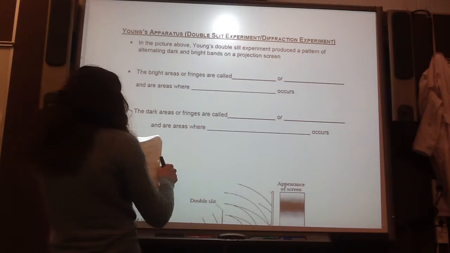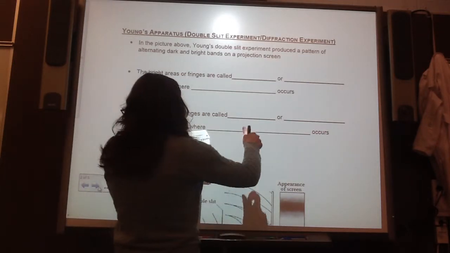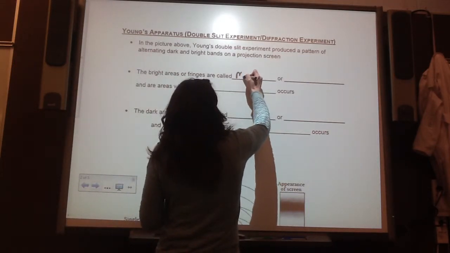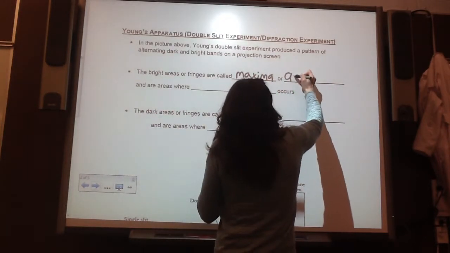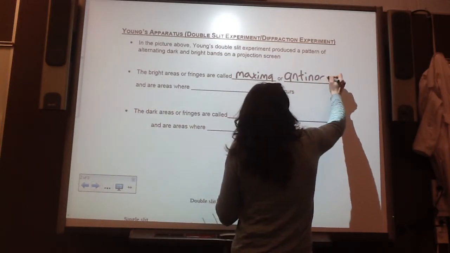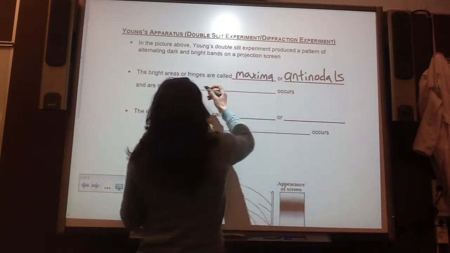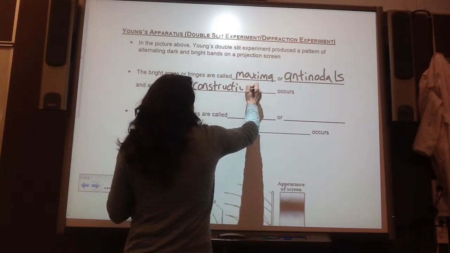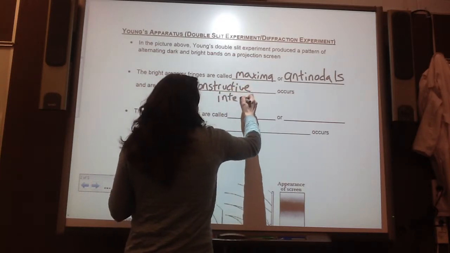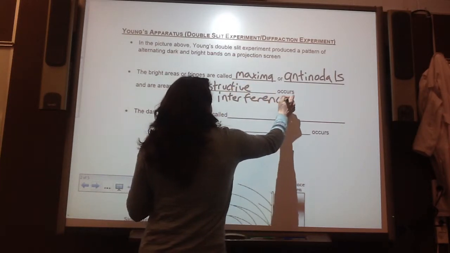From this diagram below, the bright areas or fringes are called maxima or antinodals, because that's where constructive interference occurs.